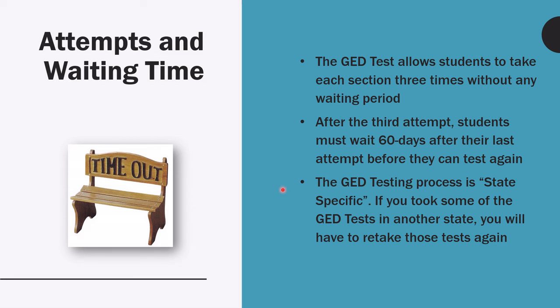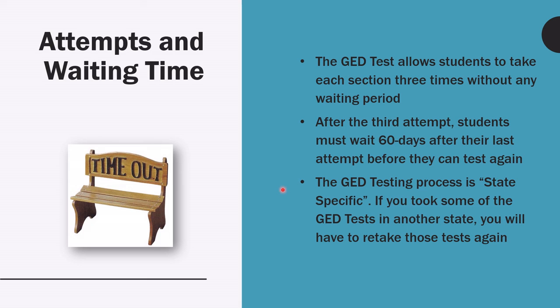But there's actually no limit on how many times you can retake a specific section of the GED test. However, on every third failed attempt of that specific section, you may need to wait 60 days before you can reschedule that section again.